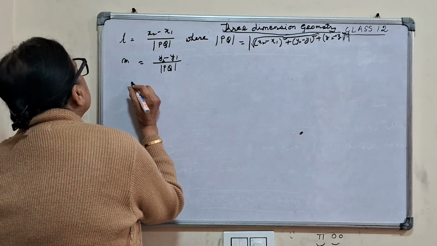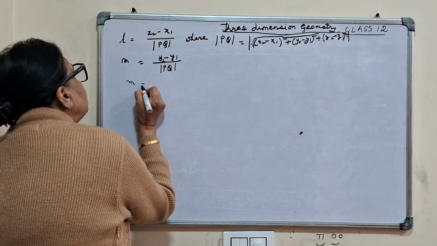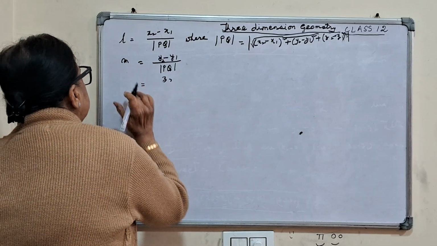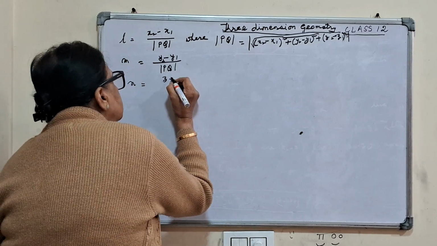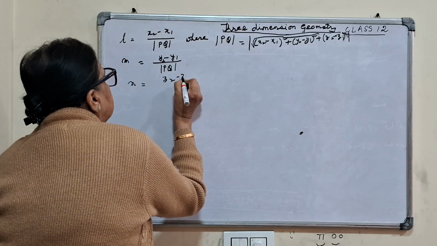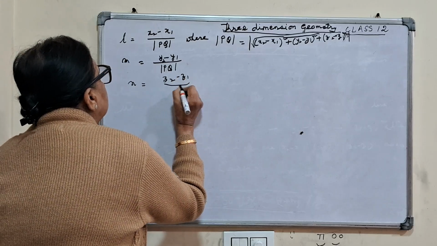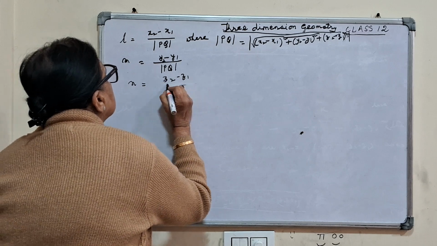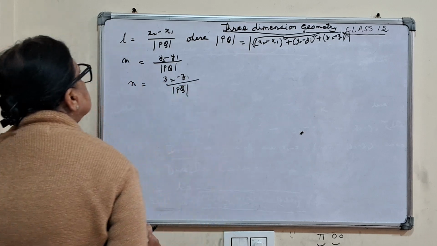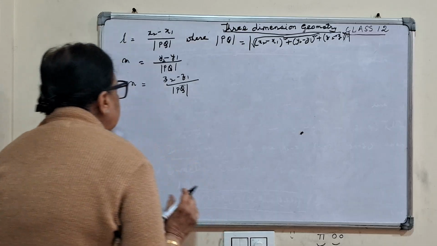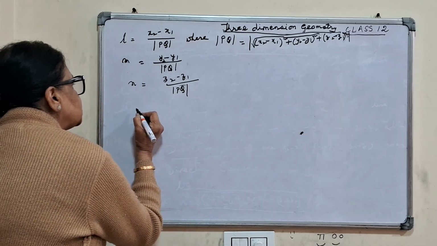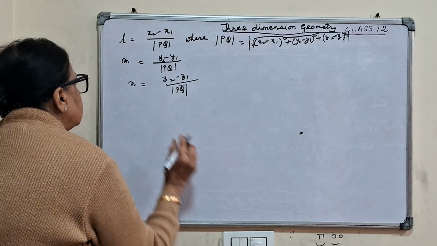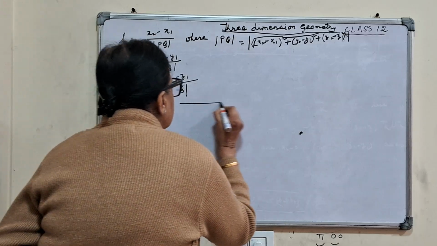And N is equal to z2 minus z1 divided by mod of PQ. Okay, this is done till here.